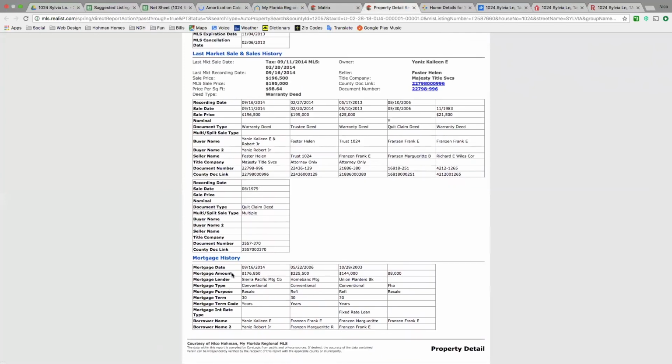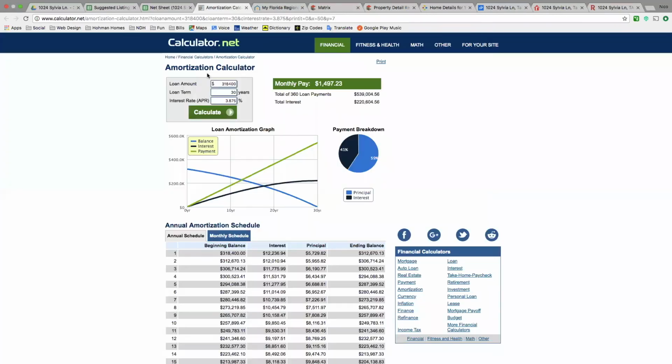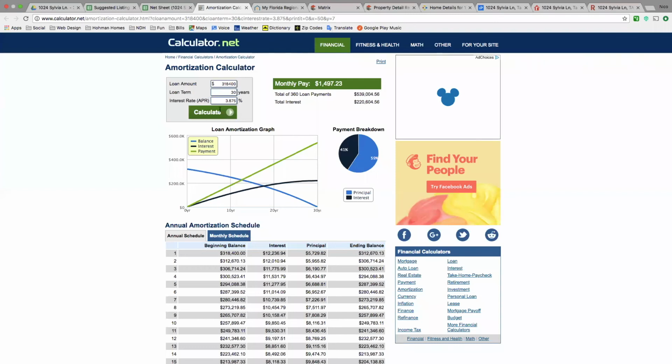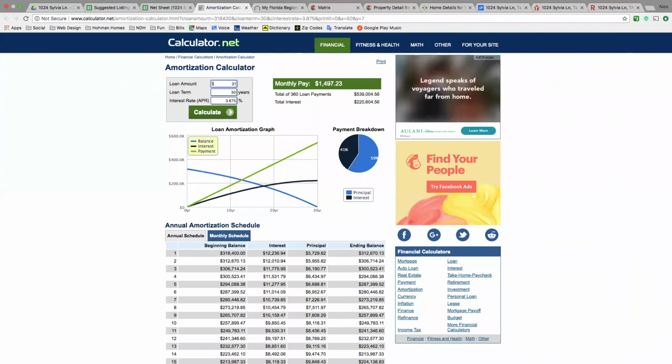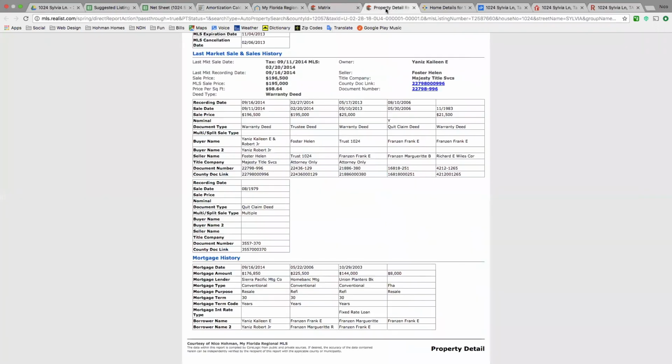So we know in 2014, the current owners took out a conventional 30-year mortgage for this amount. So we can enter that information, $176,850 for 30 years. Now, interest rates we won't actually know unless a seller is willing to provide them.